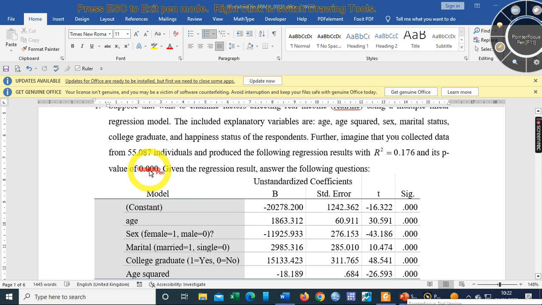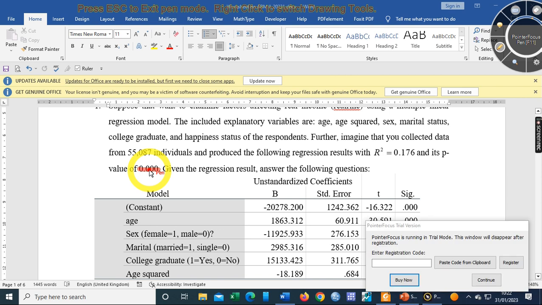Therefore, we reject the null hypothesis, and this confirms that the model fits the data very well. And you can use the model for other purposes, like for forecasting, for policy making, and the like.